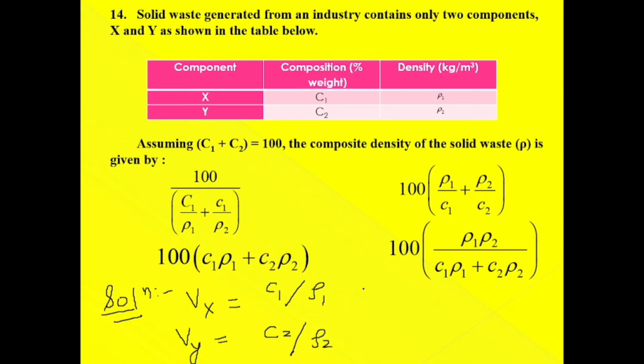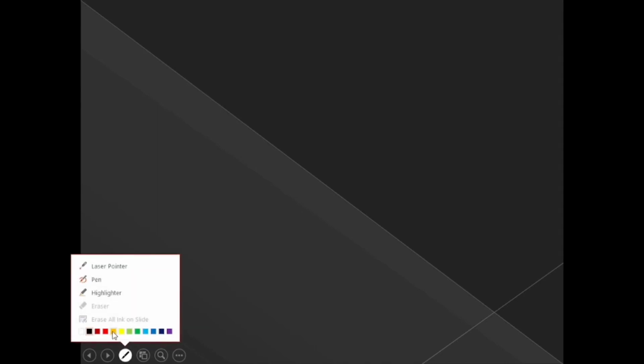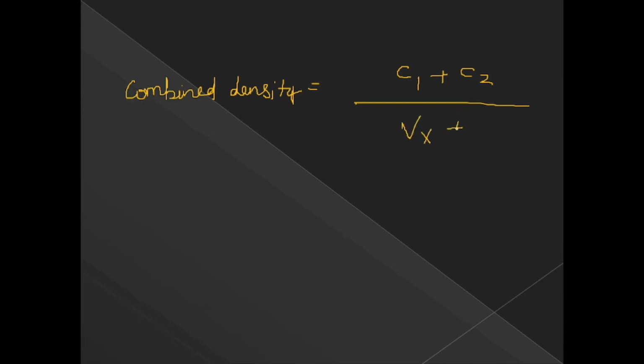Okay. Now we can easily calculate the combined density. So the combined density is equal to C1 plus C2 divided by volume of X plus volume of Y. Here, as we know, C1 and C2 are given as 100 each, so 100 plus 100, whole divided by volume of X, which we have calculated as C1 by rho 1, plus C2 by rho 2.